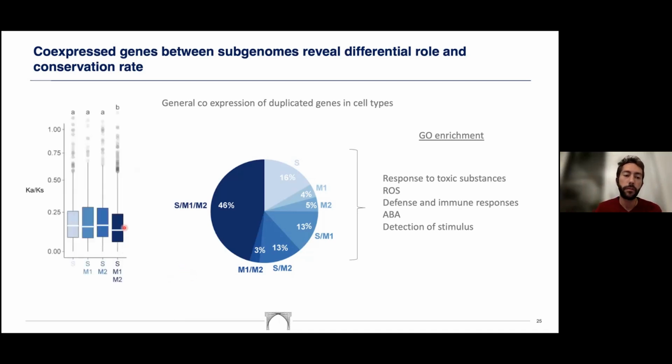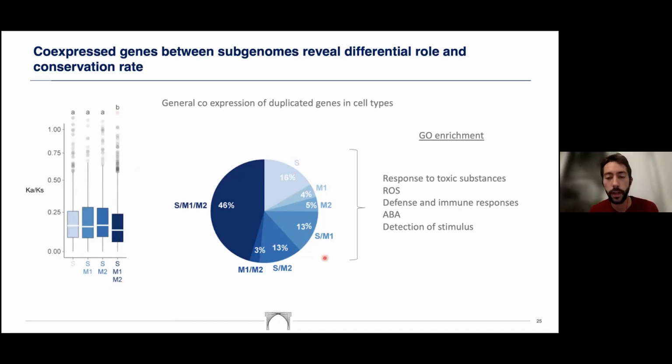When we compare the KA/KS for all the different gene categories, we found that the co-expressed orthologs, the sorghum, maize1, and maize2, actually have a significantly lower KA/KS ratio, confirming they are under a stronger selective pressure than the other genes.